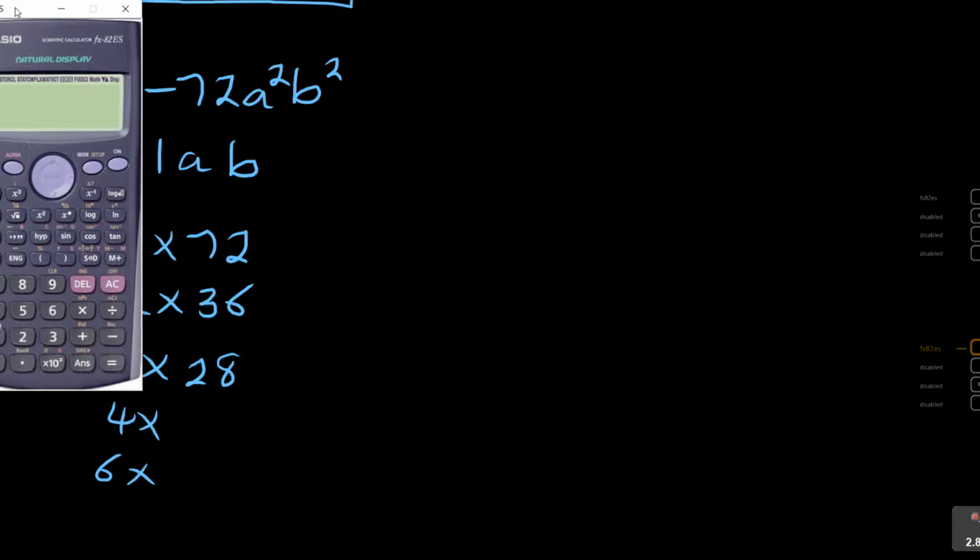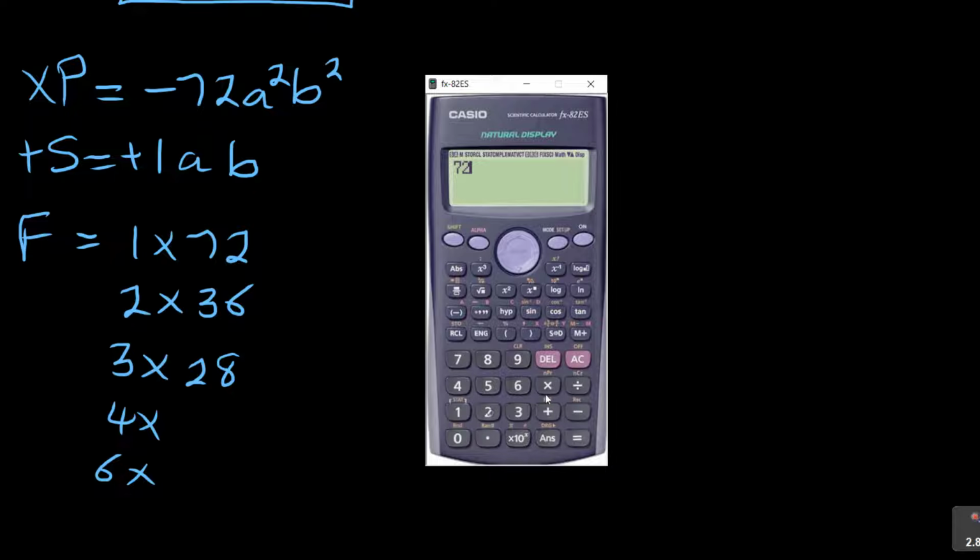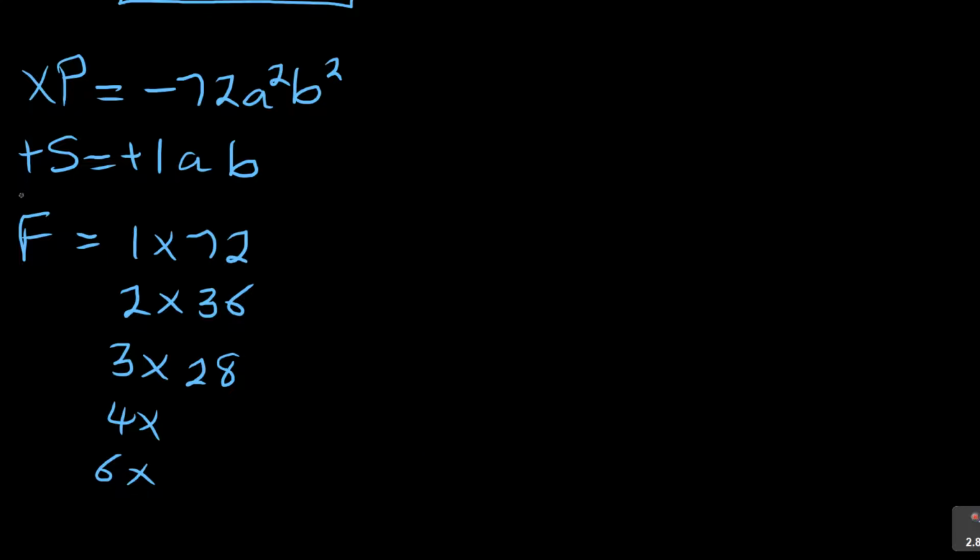So what I have, 72 divided by 3 gives me 24, not 28. And then 72 divided by 4 gives me 18. So it's 24 and 18.